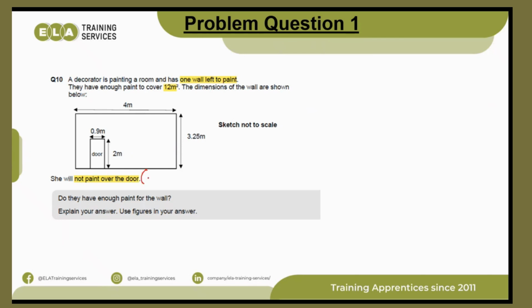So here it's saying we don't need the area of the door. But if we just calculated the main area, we're including the door in it. So what we have to do is we have to work out the area of the wall and then take away the area of the door.